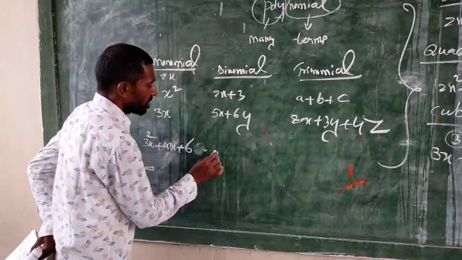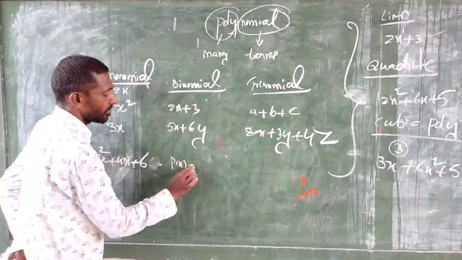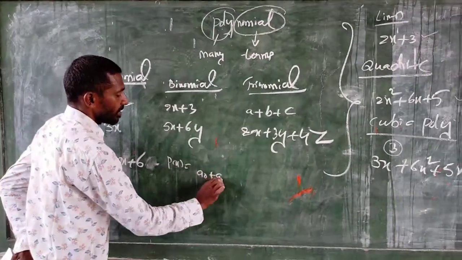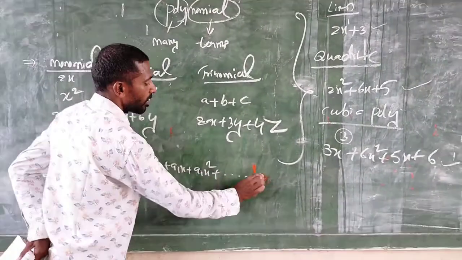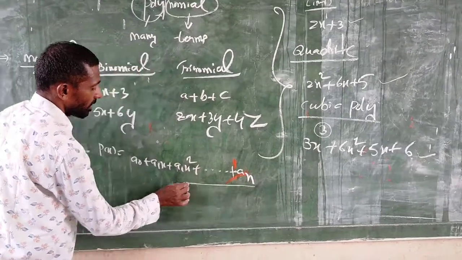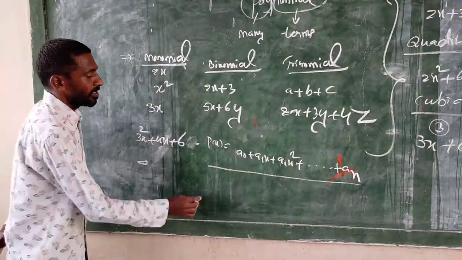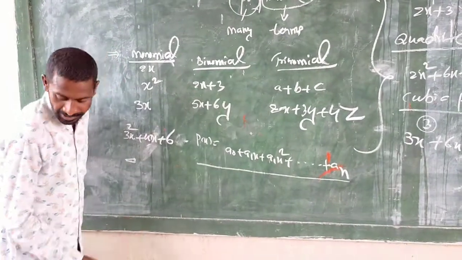So generally we say that a polynomial is p of x equal to a0 plus a1x plus a2x square plus, and so on, an x to the power of n. This is called the nth term of the polynomial. p of x is called a polynomial of degree n.